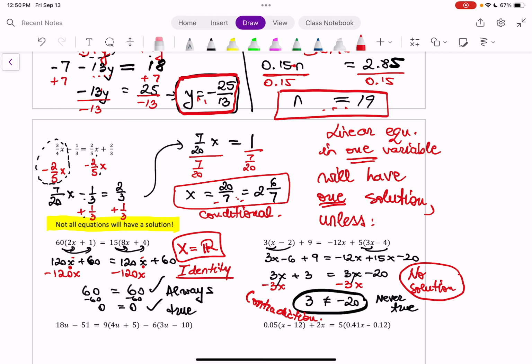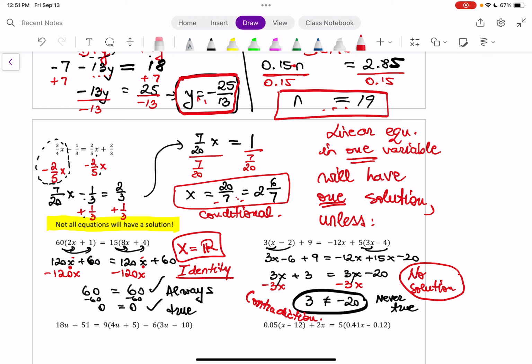And again, the clue later on, as we'll solve several equations, is that it depends on the power of the variable, the highest exponent of the variable. So because our variables come to the power of 1, we get one solution. Okay.